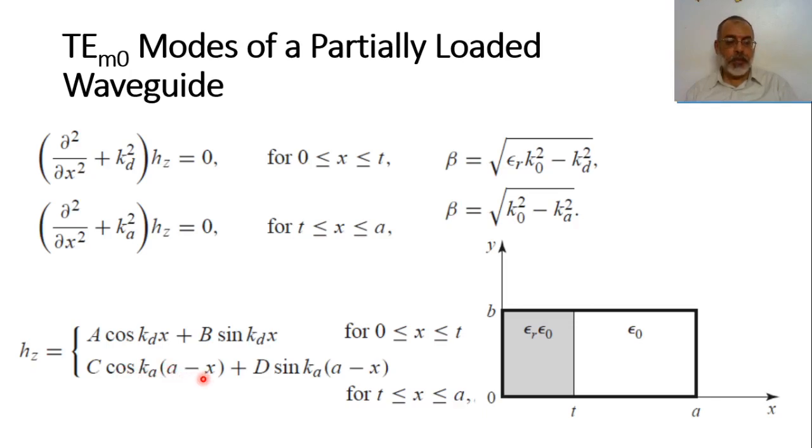Now if we differentiate once again, the sine would give cosine, and because we are differentiating with respect to x, it would be minus. So we have minus ka squared cosine ka multiplied by (a minus x). So the second derivative corresponds to minus ka squared of the same function. So the differential equation is valid.